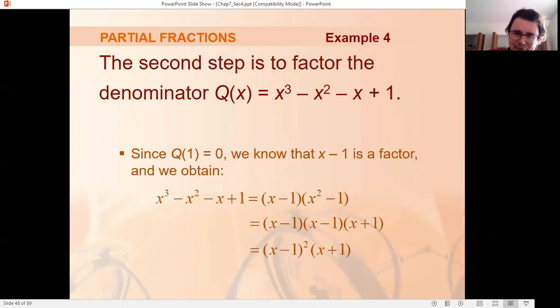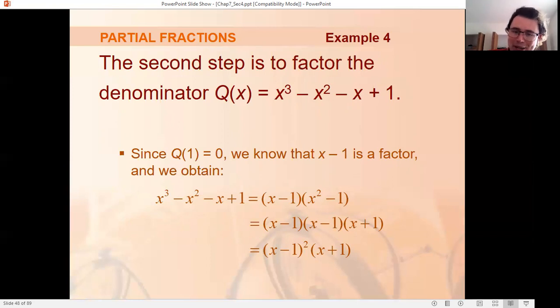Now, they're saying since q of 1 equals 0, we know that x minus 1 is a factor. Is that right? So 1 cubed minus 1 squared minus 1 plus 1. Sounds like 1 minus 1 minus 1 plus 1. Yes, sounds like 0. Okay, so yes, x minus 1 is a factor.